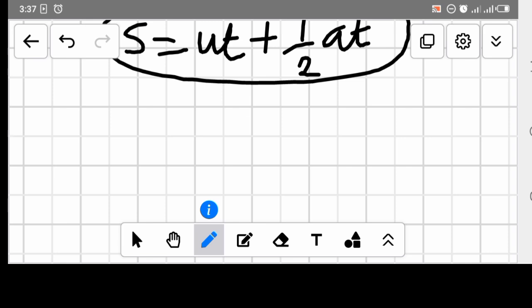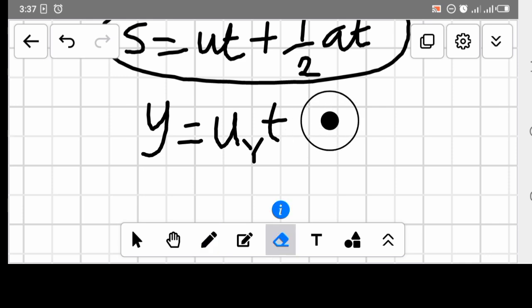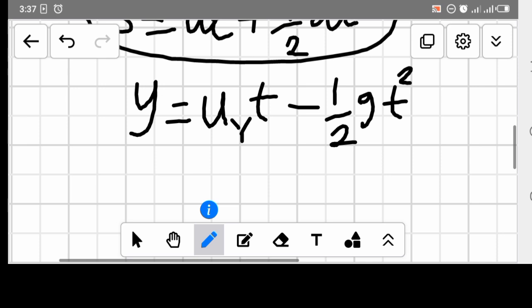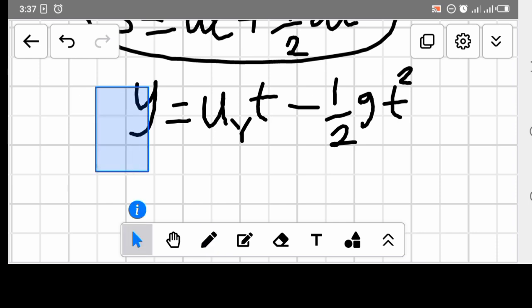So the equation becomes y equals uy times t, but in this case we put minus, because it is moving against gravity. So that is minus half gt squared. This is the equation along the vertical axis, representing the distance y.